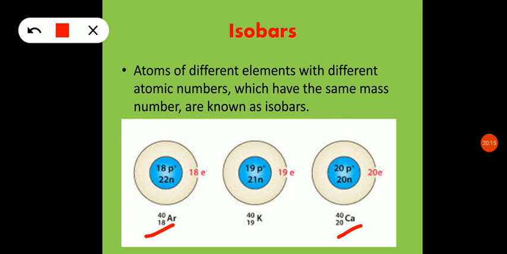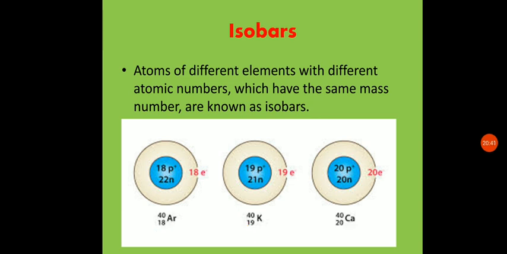Atomic number of argon is 18 and calcium is 20, and potassium also. Mass number is 40 only, but the atomic number is 19. Here only the atomic number is different, but the mass number is the same, 40. Such elements are called isobars. Clear? So this completes the entire chapter.